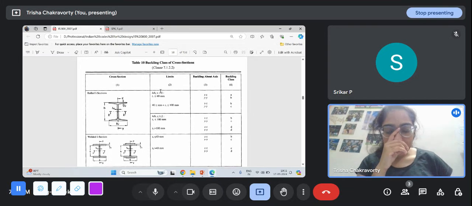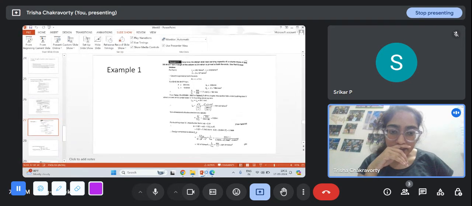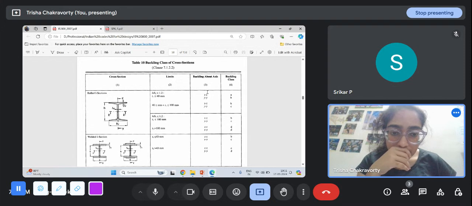Certain criteria are written here: if H by BF is greater than 1.2 and the TF is between 40 and 100 like it is here, the buckling class is B and C.